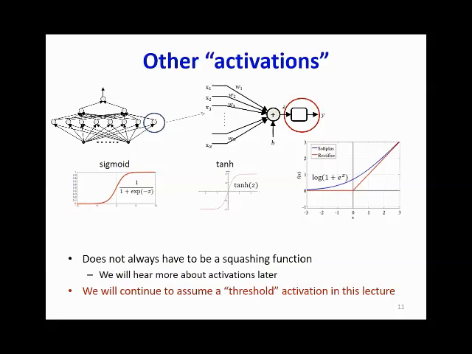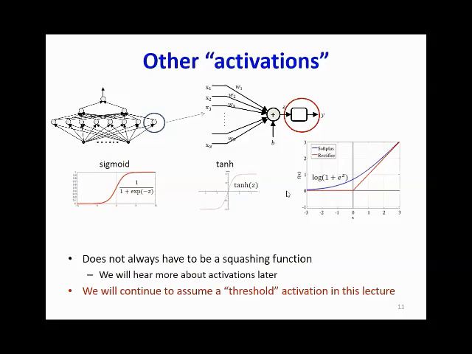So we can also have other activation functions. Once we realize that we can think of this as an affine combination plus an activation, you can have other activation functions like a tanh, which is simply a scaled and shifted version of the sigmoid. And the activation function doesn't even have to be a squashing function, which squashes the vertical axis.